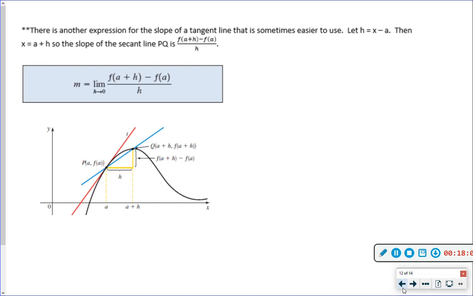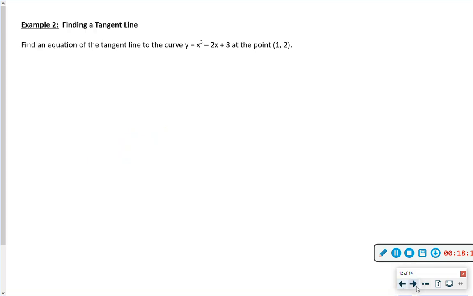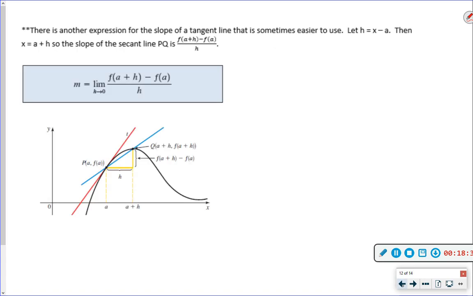So first thing I'm going to do is just set it up. I'm really writing all of this, but instead of a, you're using x. That's the difference, so here we go. Start writing, you can actually start writing this. The limit as h approaches 0. Now, remember, a is really, they're using it in place of 1.